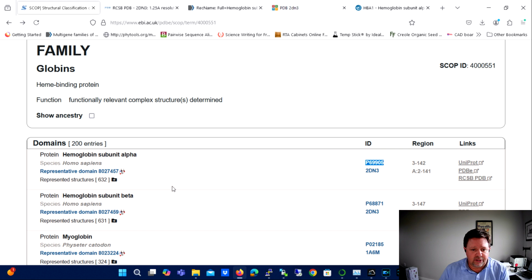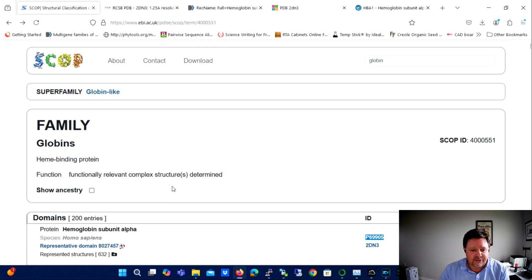So whenever we're looking for associations between proteins, a lot of times we'll look at just the domain, not the entire protein. We just look at a single domain. For example, with alpha actinins, we might look at the spectrin-like domain or the actin binding domain.